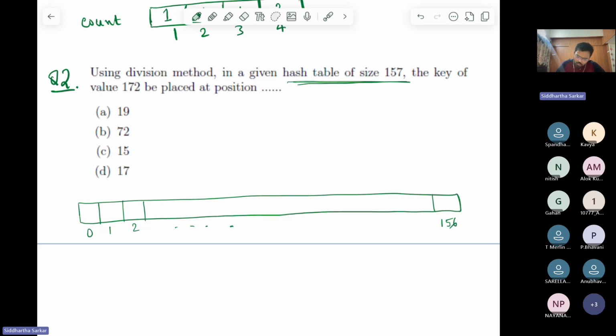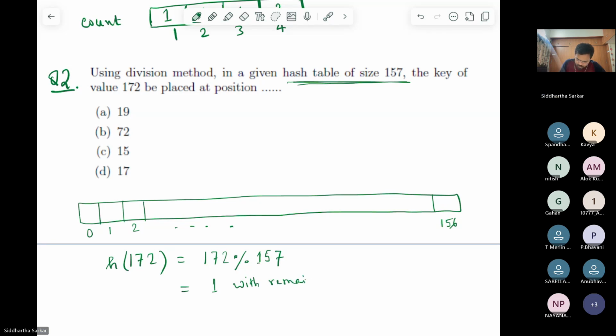Okay. So now the key of 172 will be placed where? So what is the place of 172? What is h of 172? So we take the remainder of 172 when divided by the size of the hash table. So if you divide 172 by 157, you get 1 with remainder 15.